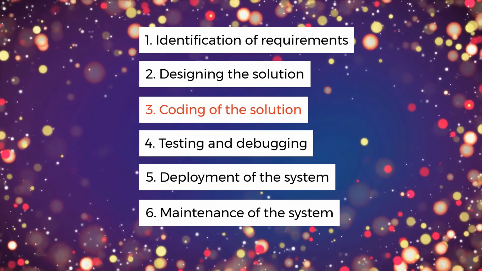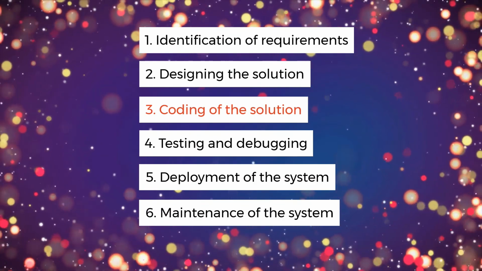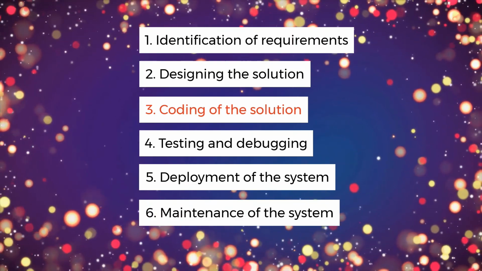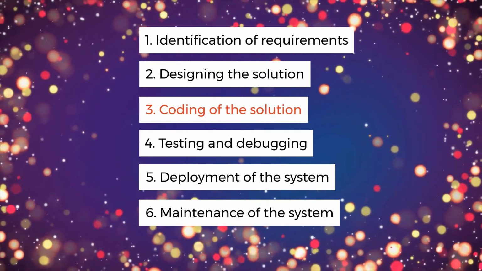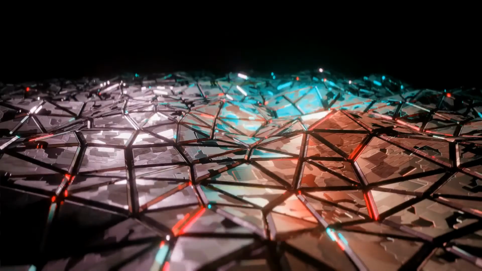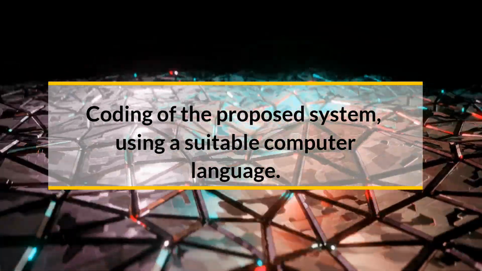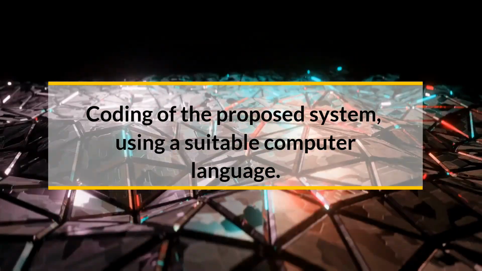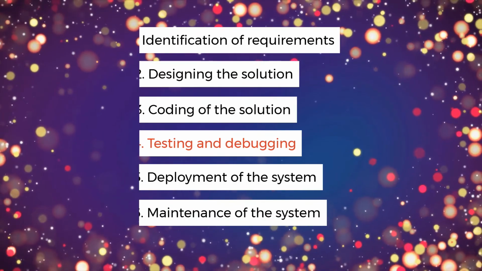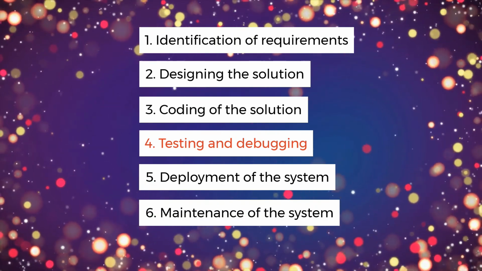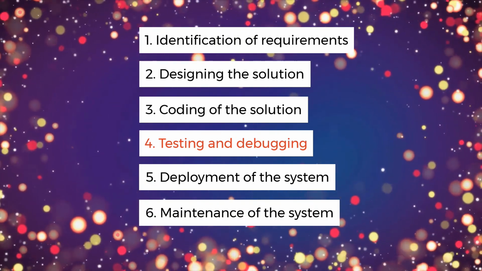The third step of SDLC is coding of the solution. That is, coding of the proposed system using a suitable computer language. Fourth step of SDLC is testing and debugging.